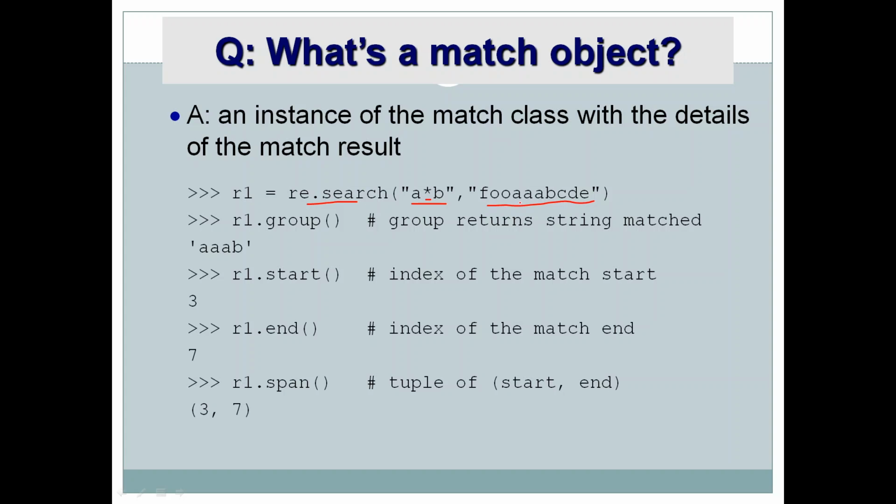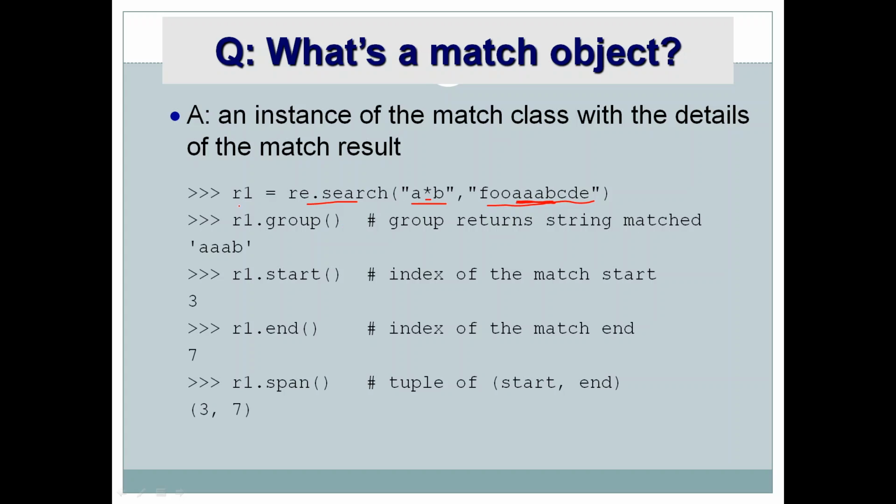Do you find the pattern in the text? An a, then 0 or more a's, and b. You can see here we have more than one a and then we have a b. So the pattern exists at this position, and the match is found at this position.